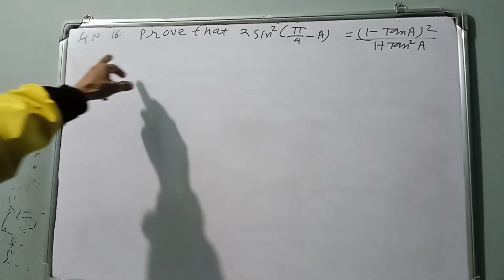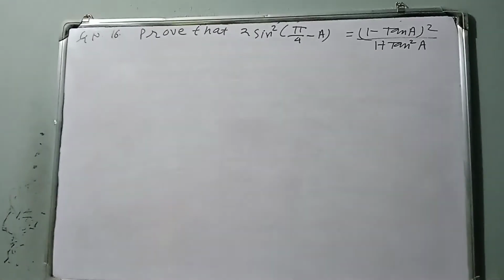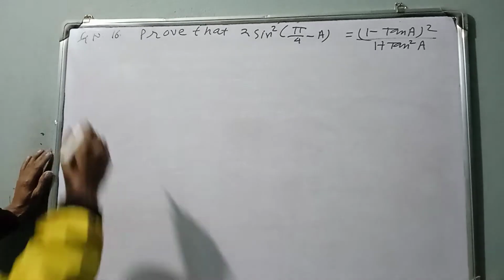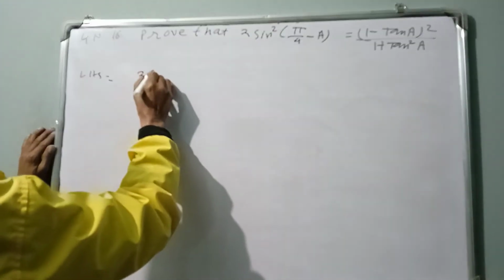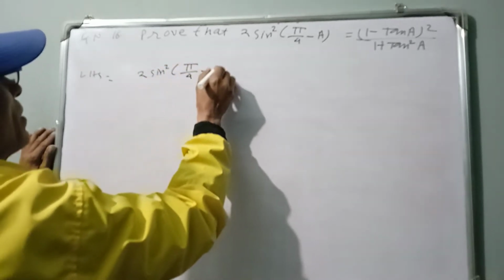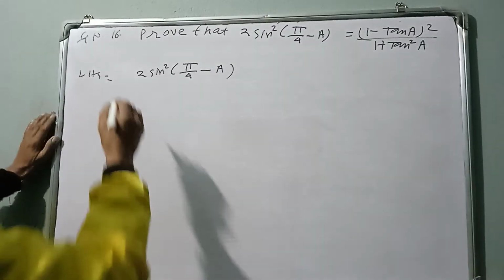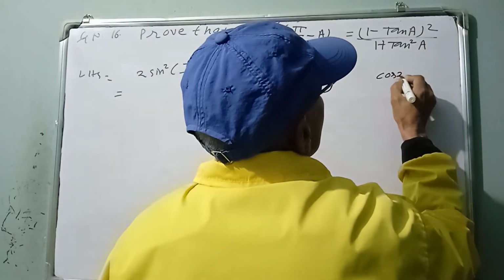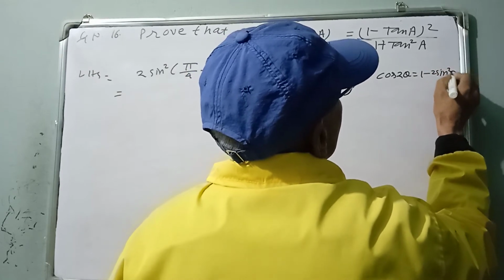See. Question number 16. Prove that 2 sin square (pi by 4 minus A) equals (1 minus tan A) whole square upon 1 plus tan square A. Left hand side, write down this: 2 sin square (pi by 4 minus A). What is the formula of 2 sin square A? Cos 2 theta equals 1 minus 2 sin square theta.